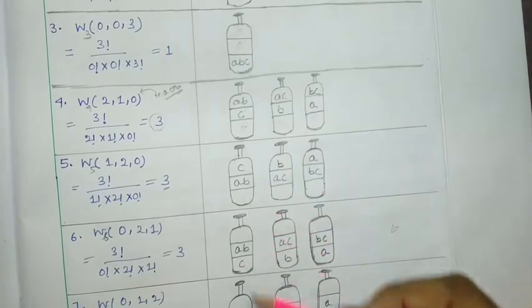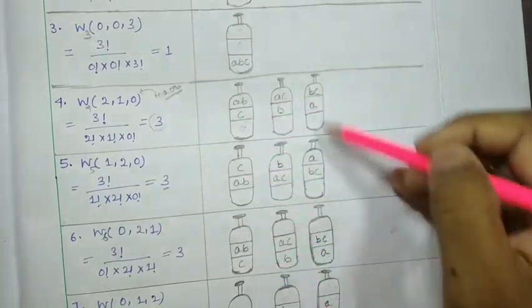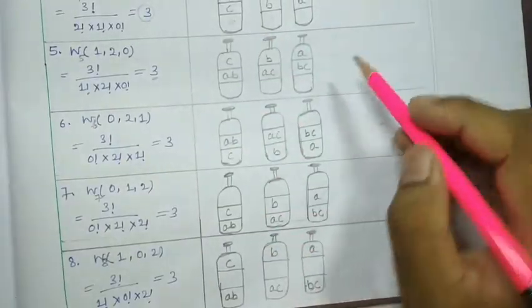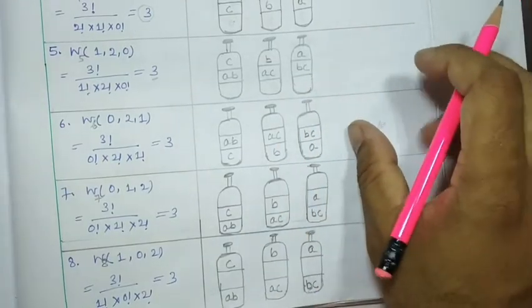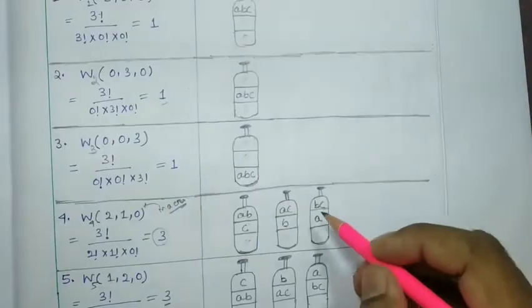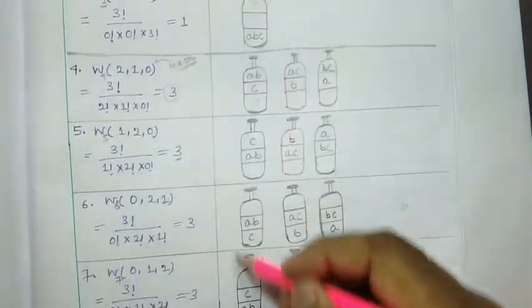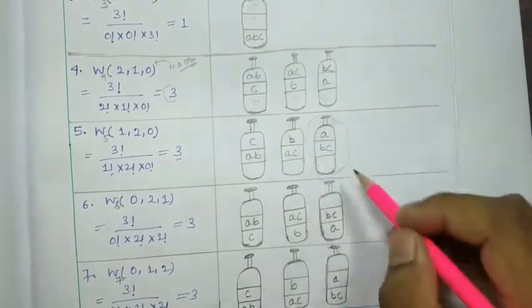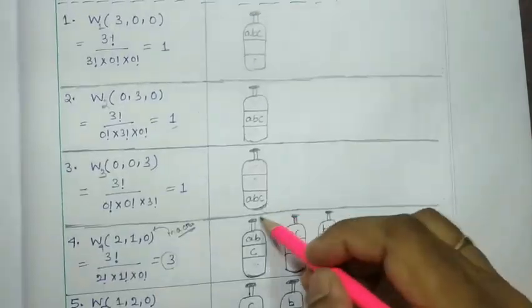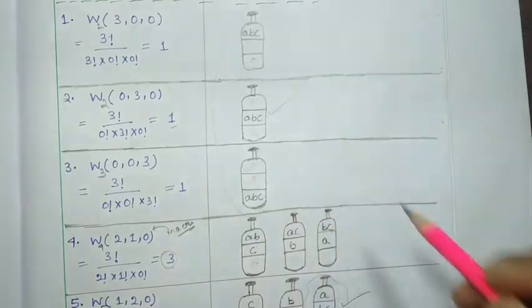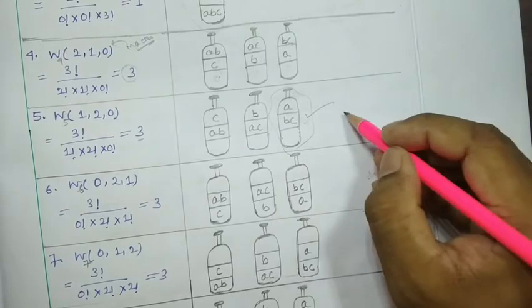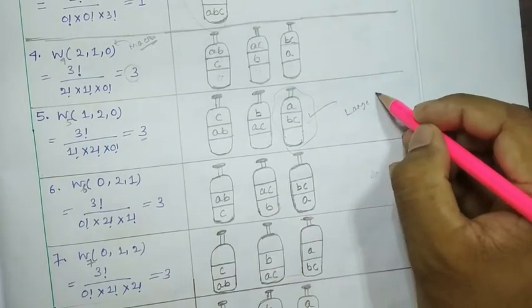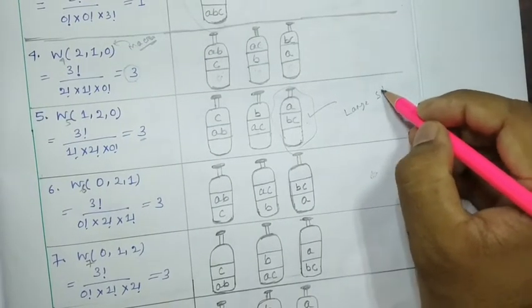That means any one of these microstates, the spreadness or the disorderness is the same. But if we compare any one of these microstates with any one of these 3 microstates, then we find this microstate has larger spreadness as compared with this one.